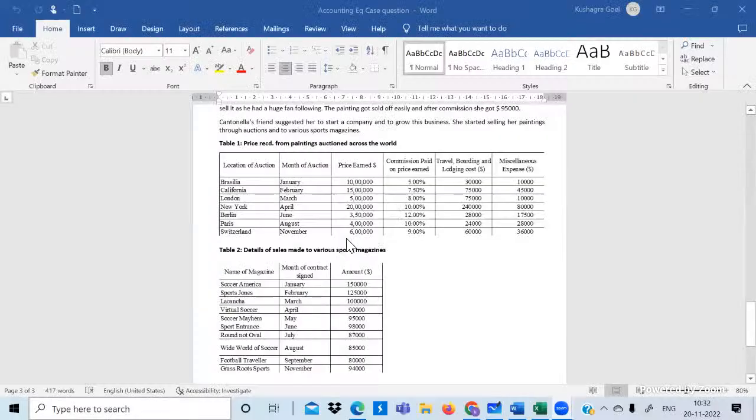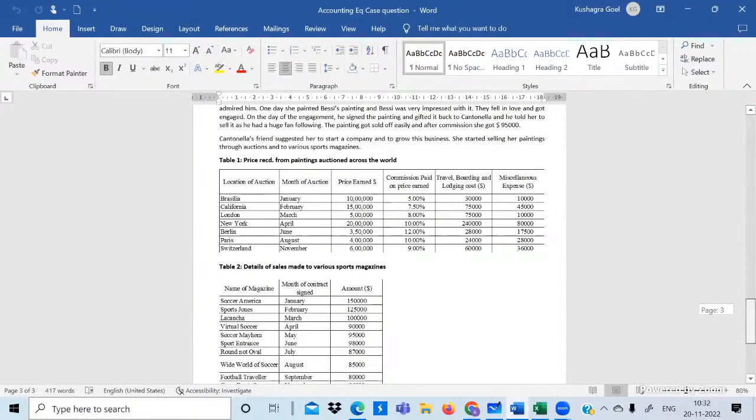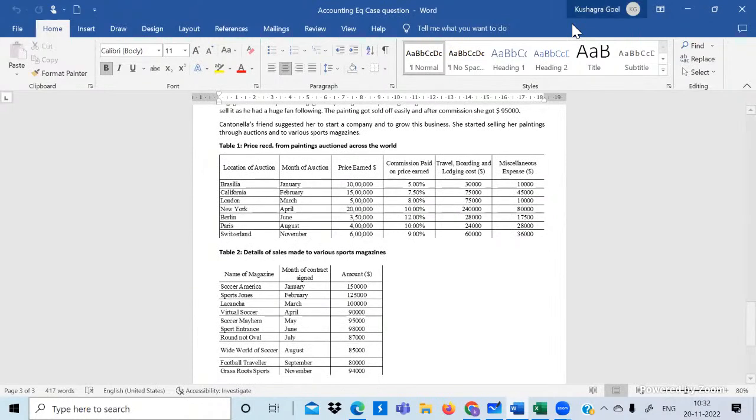This caselet. Does anyone want me to take you through the case, or otherwise we start with ratios? If you're struggling with any part in the case, just let me know. I'll explain that part. If you want me to take you through the entire case, I'll go through it. Okay, fine, Gaurav. I'll do it.